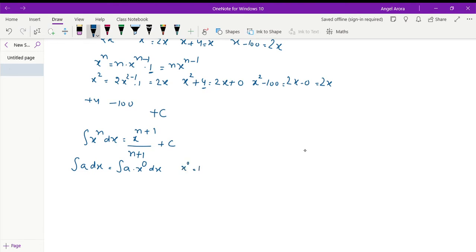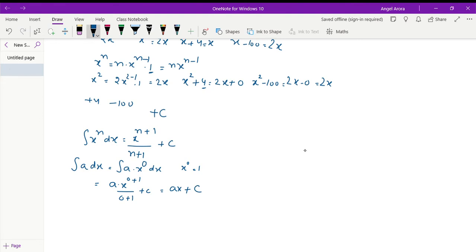So according to this power rule, the integral will be a into x raised to 0 plus 1 upon 0 plus 1, plus c. So simply it will be ax plus c.